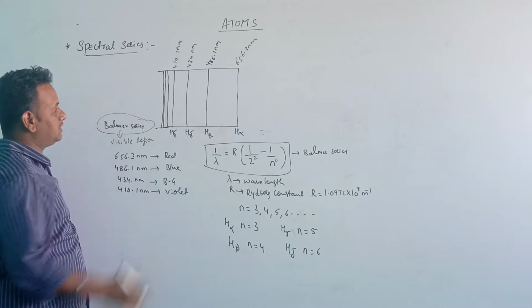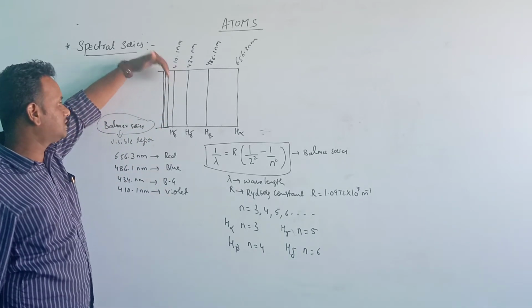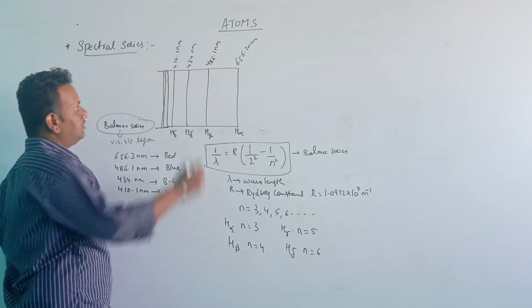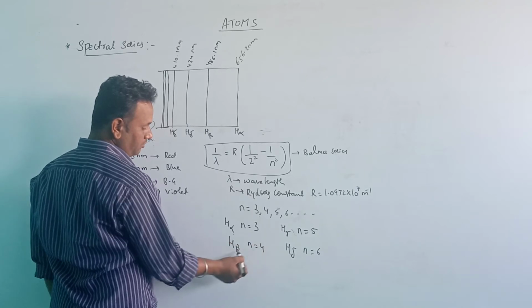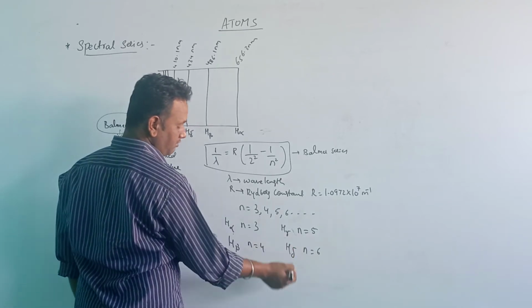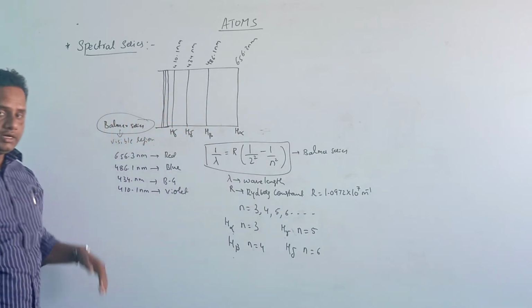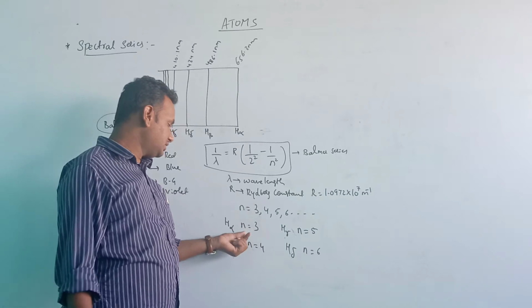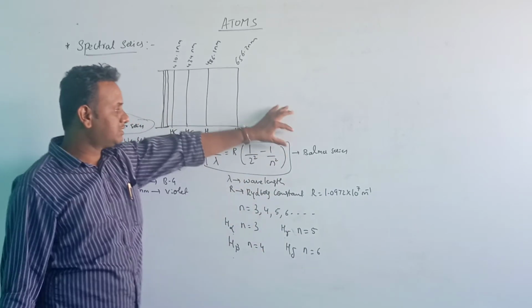In further lines, the spectral lines come very close to each other in decreasing wavelength. So for the four spectral lines under the Balmer series, we have n equal to 3, 4, 5, and 6.